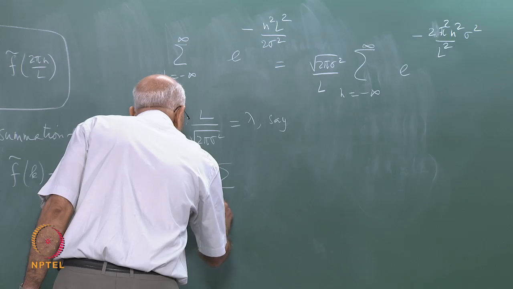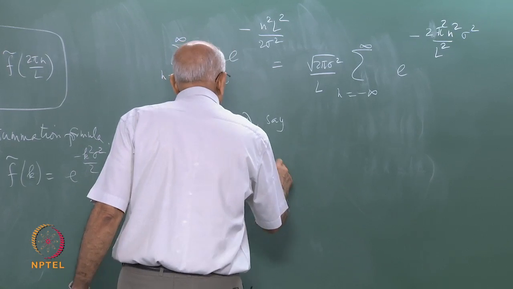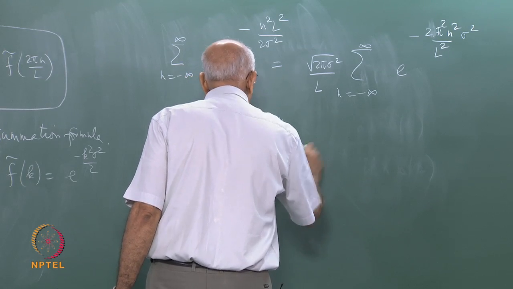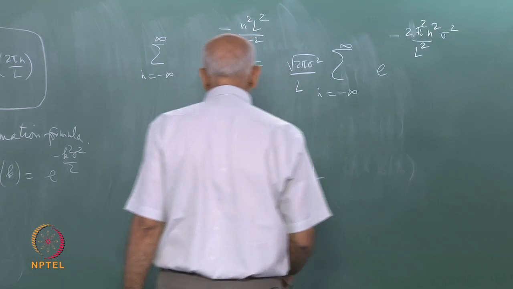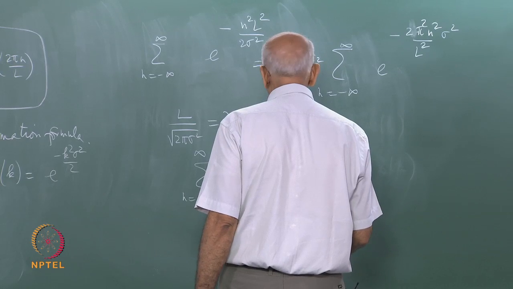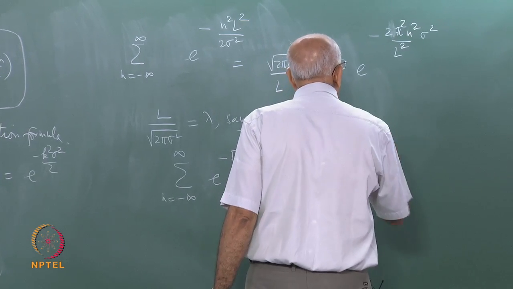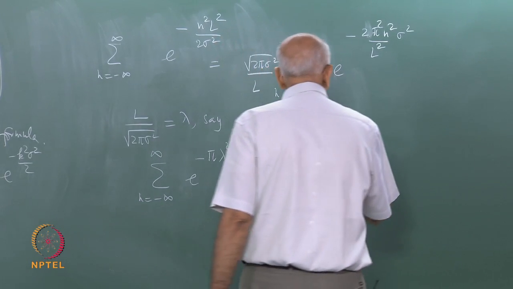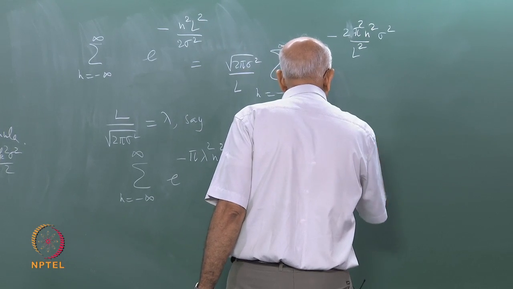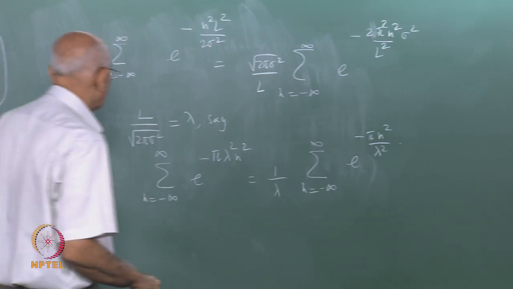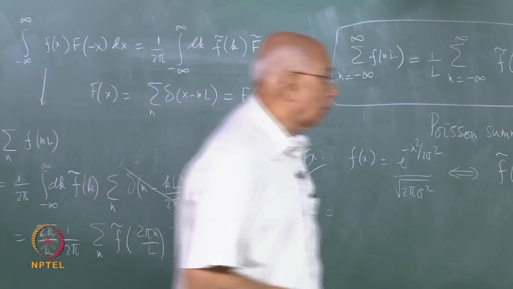So the summation n equal to minus infinity to infinity e to the minus pi lambda squared n squared is equal to 1 over lambda times the summation n equal to minus infinity to infinity e to the power minus pi, and then 2 pi sigma squared L squared n squared over lambda squared. Okay, lambda positive.